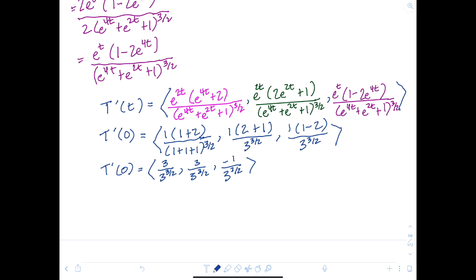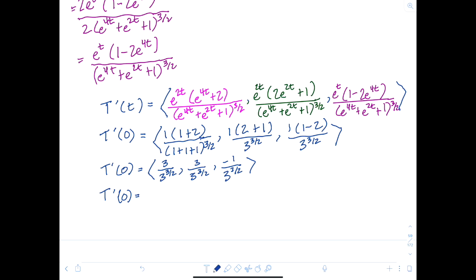Now, 3 to the 1 divided by 3 to the 3 halves will be 1 over root 3, right? Or root 3 over 3, however you want to do that.